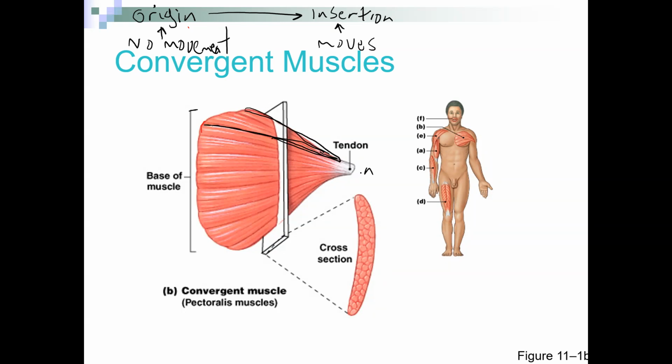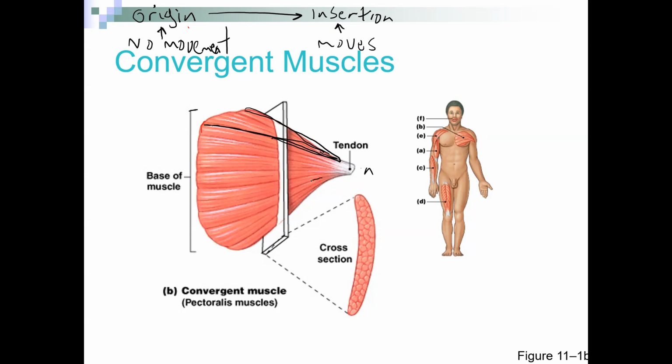And your tendon goes to the insertion, which has to be one bone. So your base at the origin can go to multiple bones, but none of those are going to move. And then all the fascicles run down and eventually attach to your insertion, and that is going to be one bone which does move. You're not going to get multiple bones moving at the insertion.